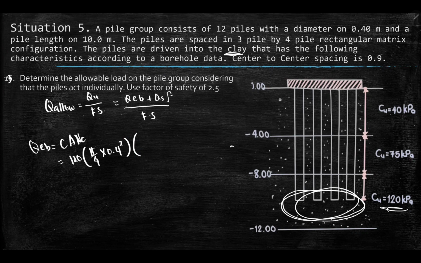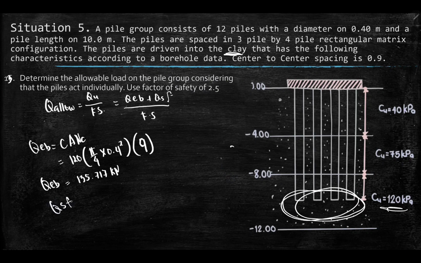And the bearing capacity factors hindi binigay, gamit lang natin is 9. So, end bearing capacity natin dito will be equal to 135.717 kilonewton. Okay? So, end bearing capacity pa lang yan.